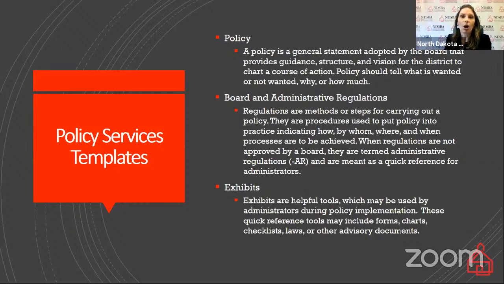When regulations are not approved by your board, they are termed administrative regulations, or ARs as we call them, and are meant to be a quick reference for administrators. And then there are exhibits, which are helpful tools that may be used by administrators during policy implementation. These quick reference tools may include forms, charts, checklists, or other advisory documents.